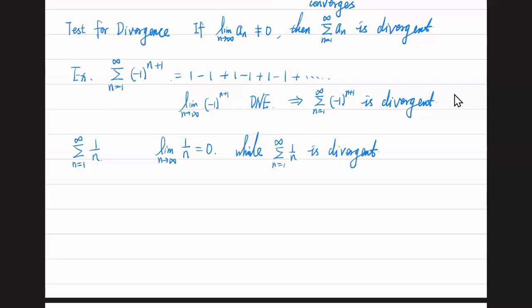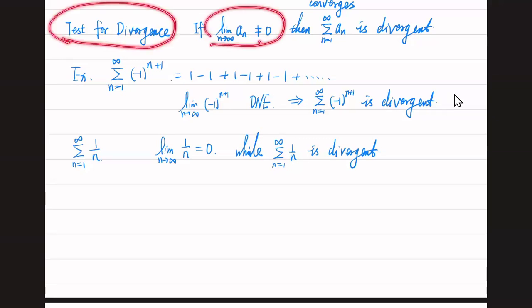So that's the point of this test for divergence. It tells us if the limit is not 0, it must be divergent. But when the limit is 0, it may be convergent, it may be divergent. This test is inconclusive for situations like this.